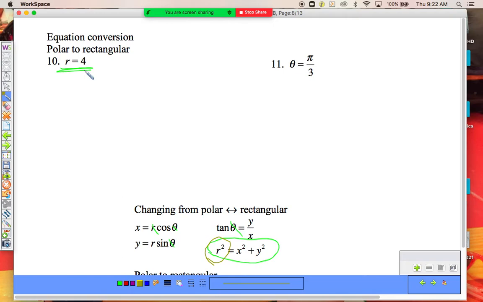Because it is a little ambiguous. I'm going to square the 4. I'm going to square both sides. So now I get r squared equals 16. All right, I want to change this first, so I'm going to square both sides of this equation and get r squared equals 16.